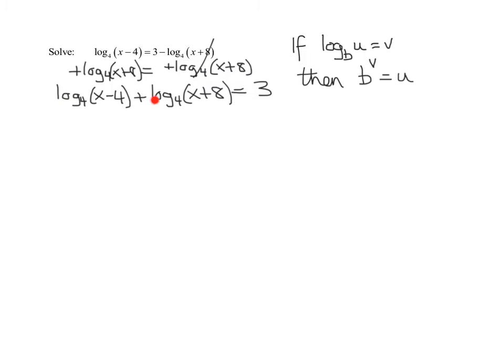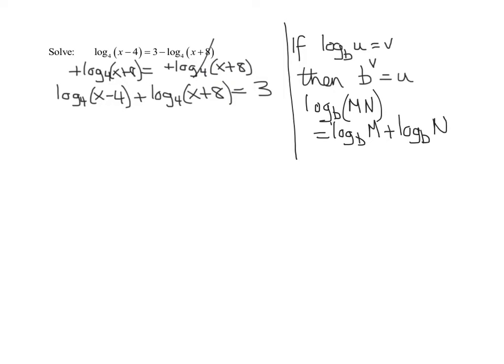Now I'm going to have to condense these two logs so I just have one log term on the left-hand side. So remember the property of logs that says log to the base b of m times n is log to the base b of m plus log to the base b of n.